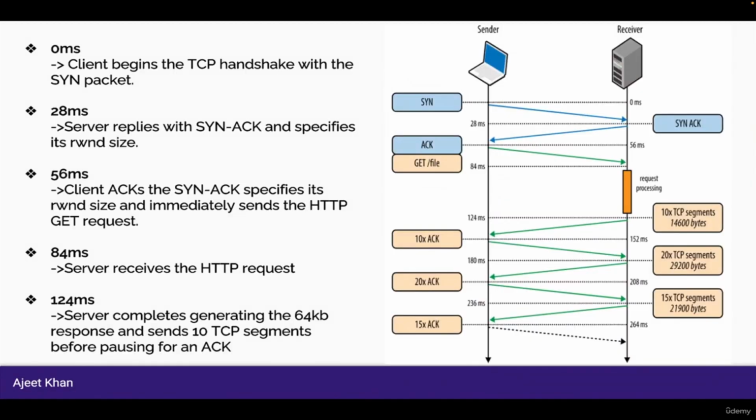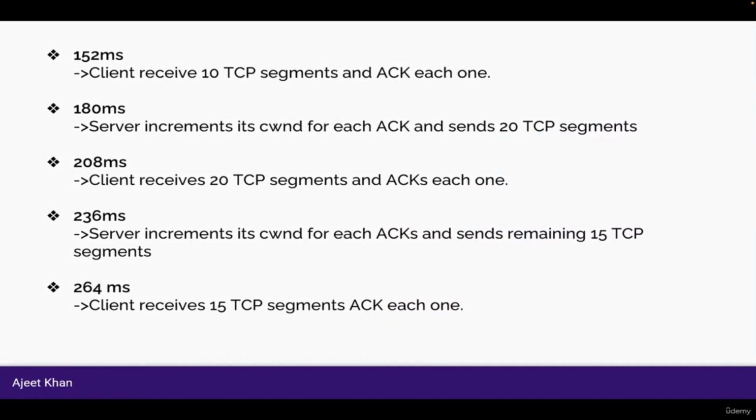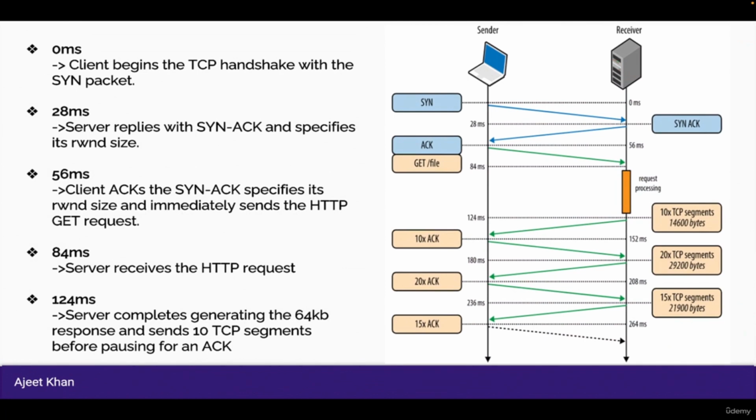At 208 milliseconds, the client receives those 20 TCP segments and sends an acknowledgement for each one of them. At 236 milliseconds, the server increments its CWND size for each acknowledgement it has received from the client. The client receives the remaining 15 TCP segments and acknowledges each one of them, and this way the data transfer is complete.